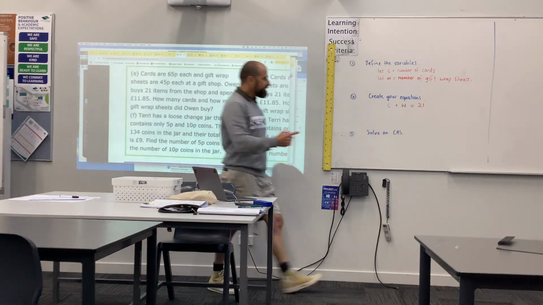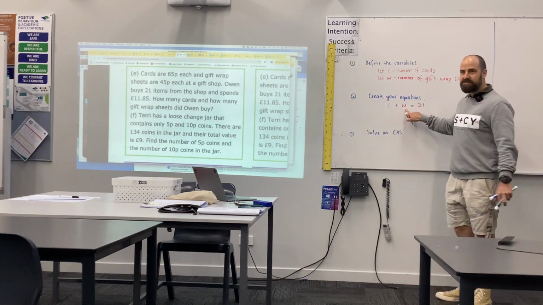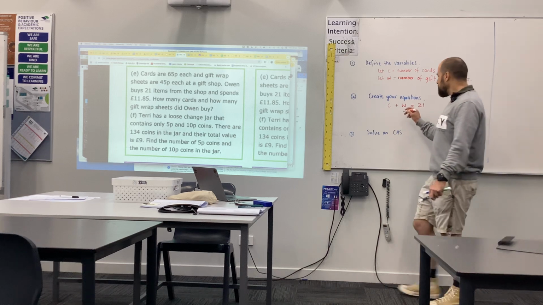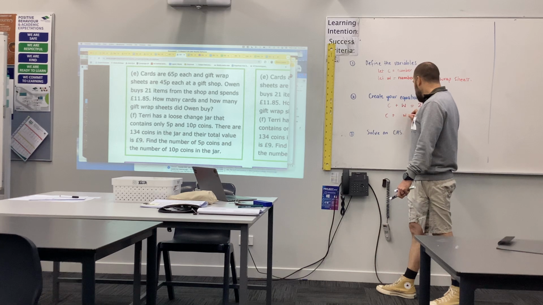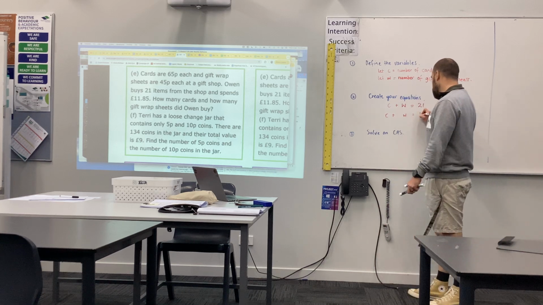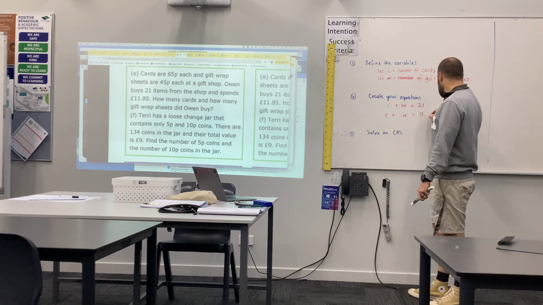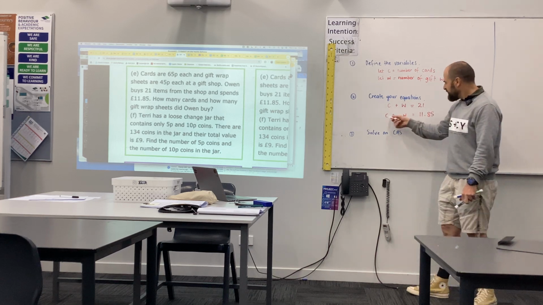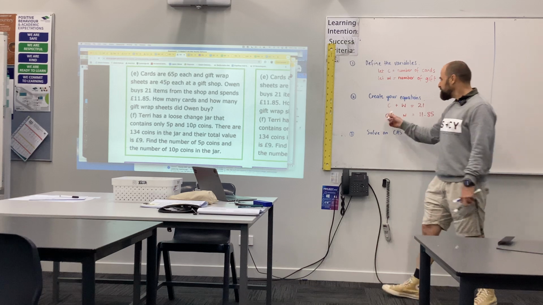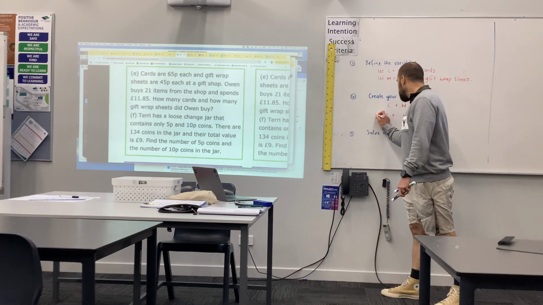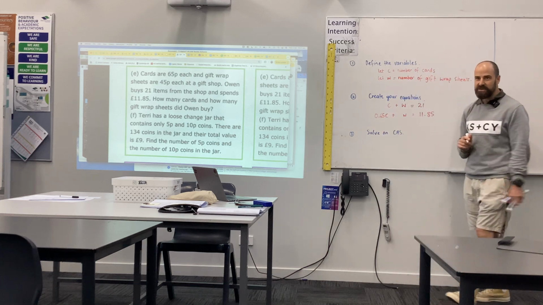So in this one, this was the total number of cards plus wrap. We know that the total cost of the cards plus the wraps was £11.85. Except this doesn't take into account the cost yet, does it? That's just how many cards there are. Each card costs 65p, or 65 cents if we're talking our Australian dollars.